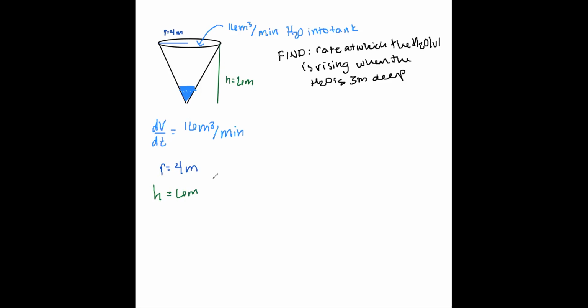What is it that we want in terms of math language? The rate at which the water level is rising when the water is 3 meters deep. So I have two statements here, I think. First, we want the rate at which the water level is rising, exactly. That is dH/dt.